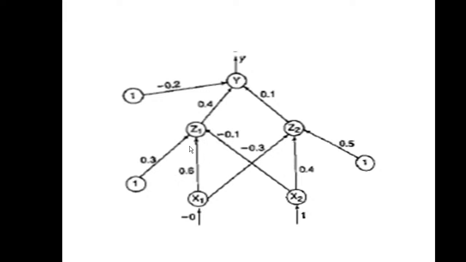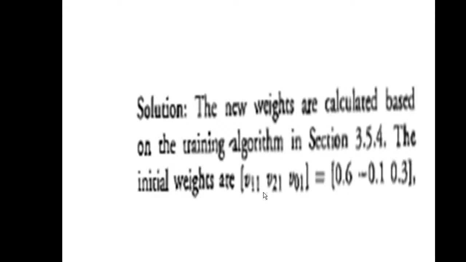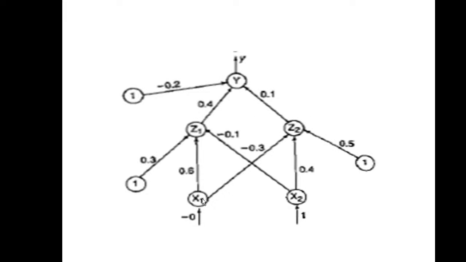We will first write the weights on this particular hidden layer, and similarly the weights on the inputs of Z2. The first are V11, V21 and VO1, that is 0.6, minus 0.1 and 0.3. Why V21?